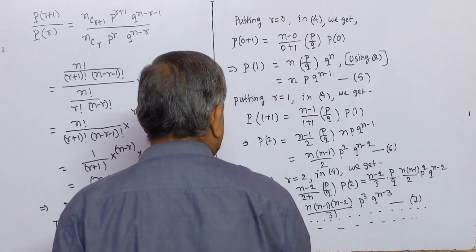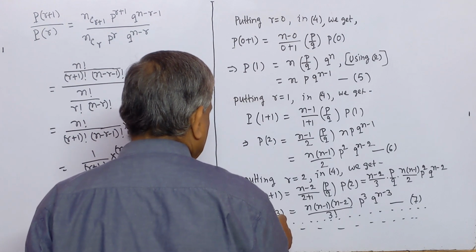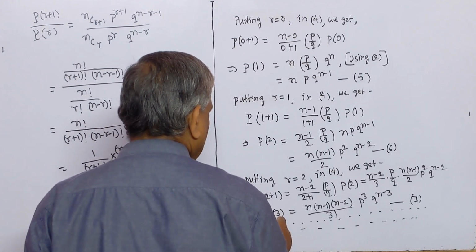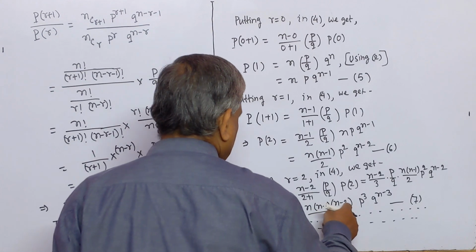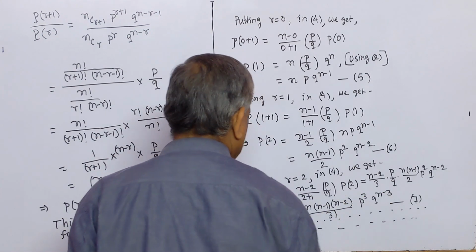If here we take PR, in place of R we have 3, and so here 2, here 3, here n minus 3.